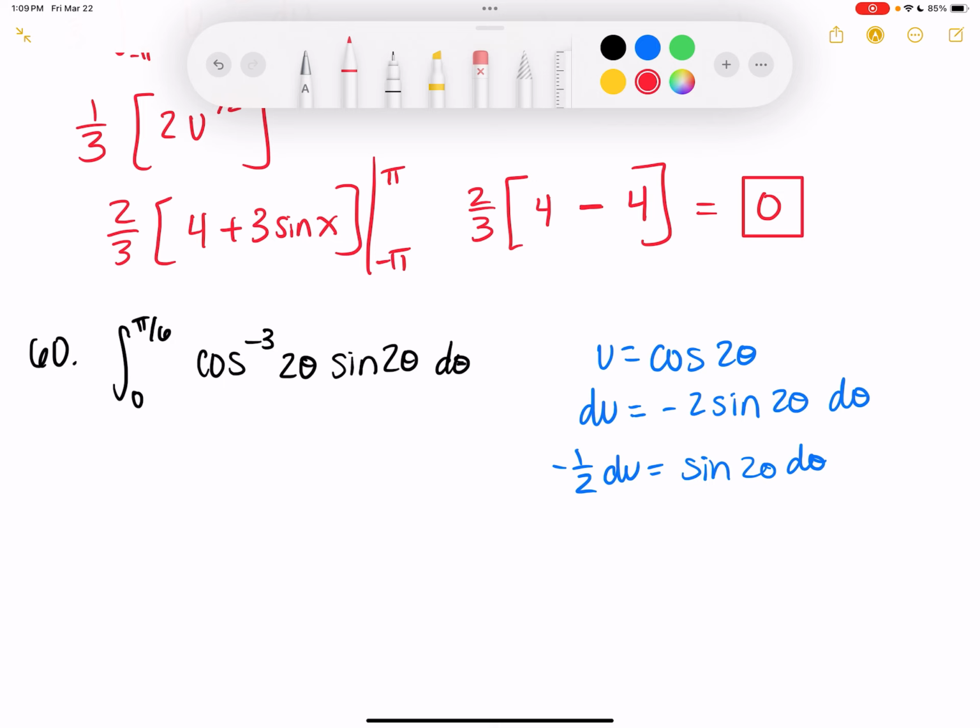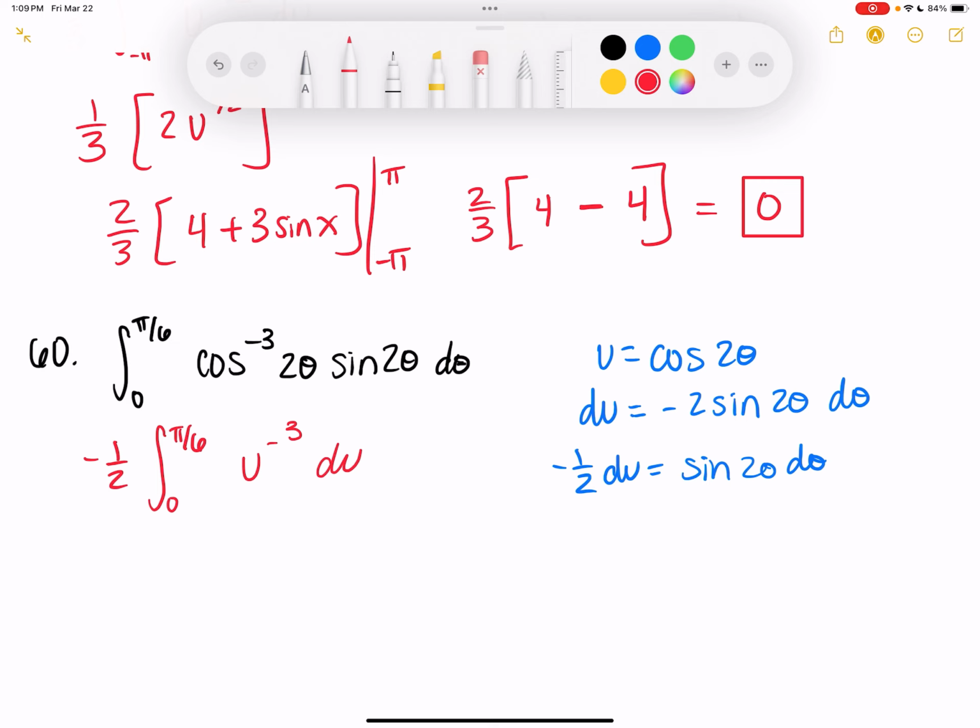So we've got negative 1/2 integral from 0 to pi over 6 of u to the negative 3 du.